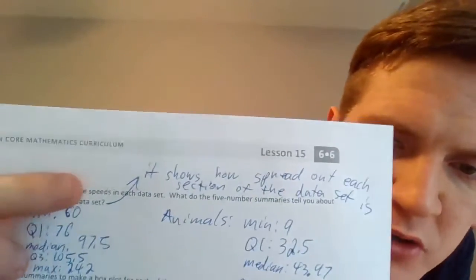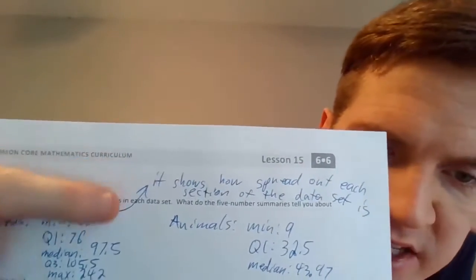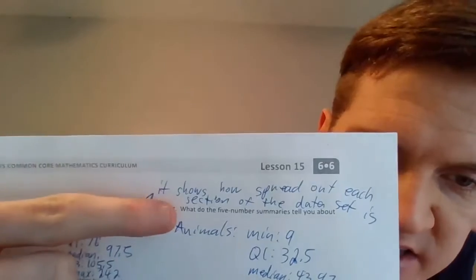But I just went ahead and said it shows how spread out each section of the data set is. That's what I'm getting at. If you need a little clarification, that's what I mean when I say that sentence. Talking about how spread out you are from each section of your box plot.